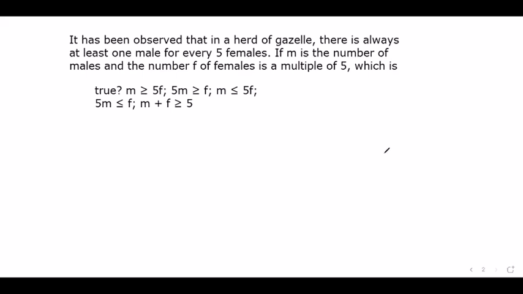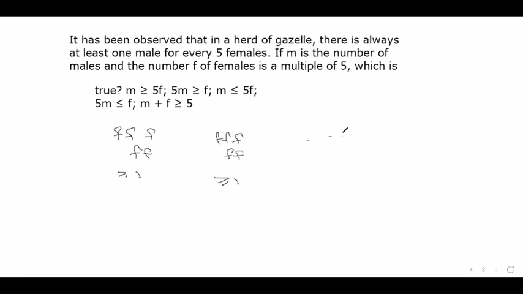But there's at least one male for every 5 females. So every time you have 5 females, there is at least one male for that. Now this number of females is a multiple of 5.